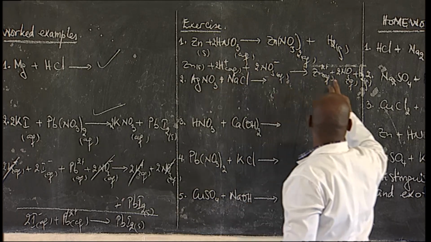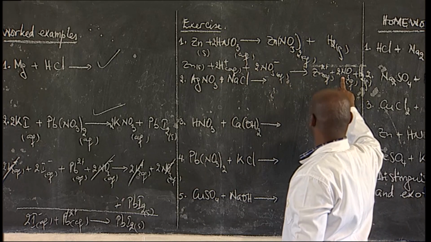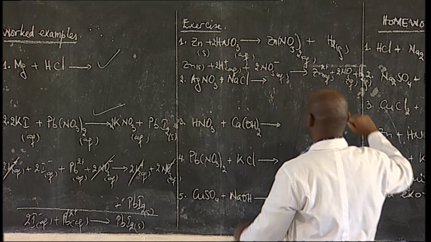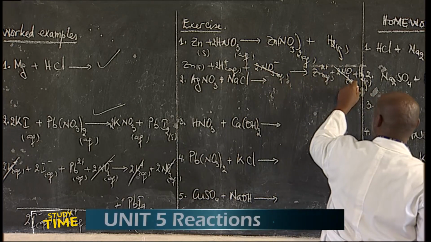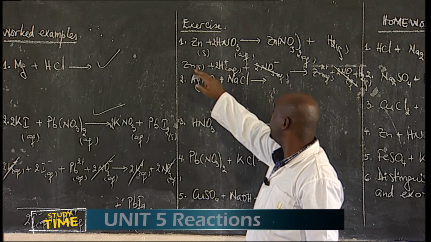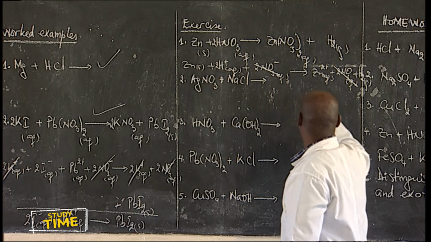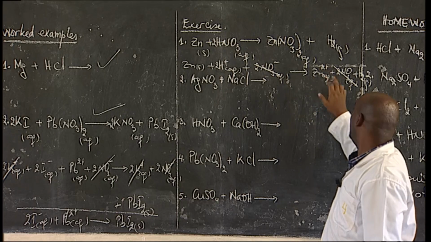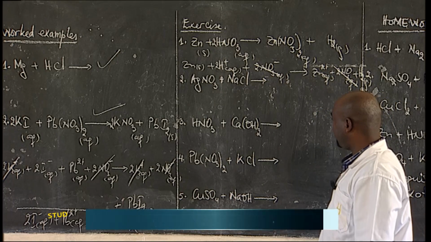H plus is not present on this side. So what is present on both sides is the nitrate ion and the nitrate ion, and our ionic equation becomes zinc plus 2H positive to produce zinc 2 plus and hydrogen gas.